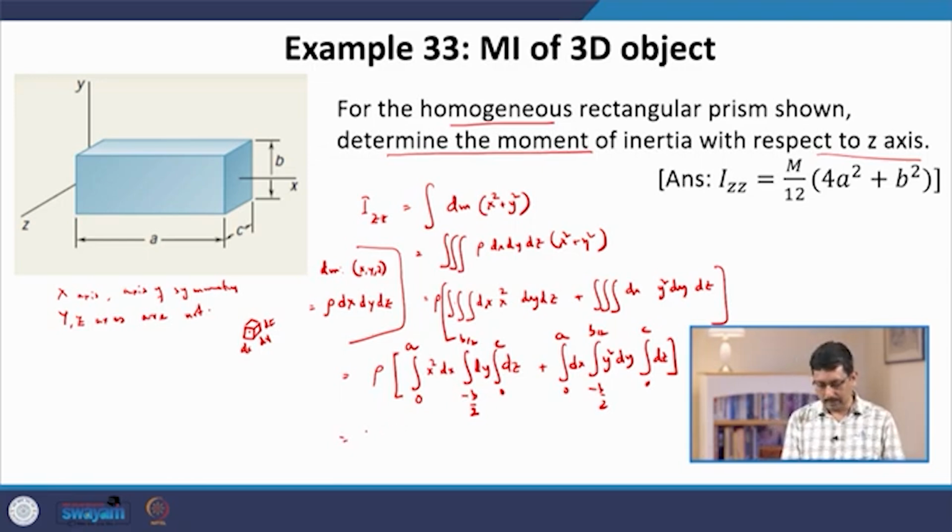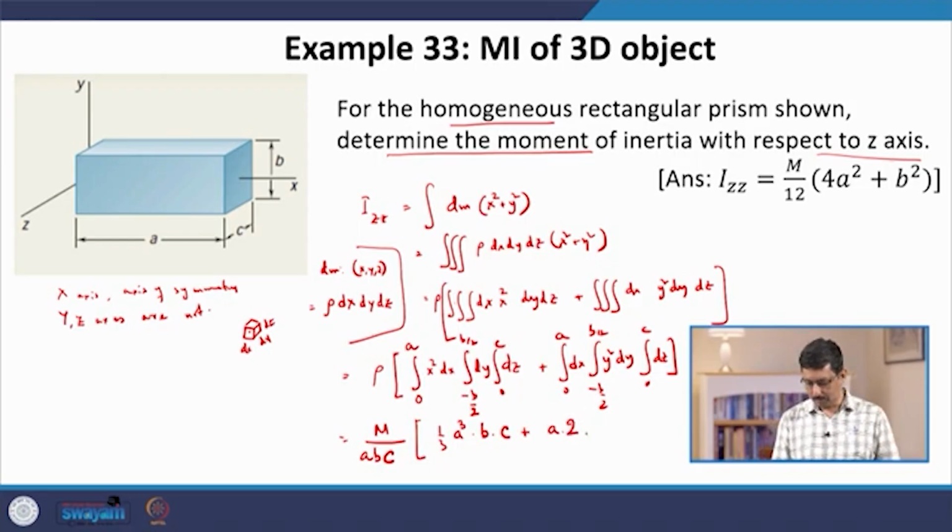Now, rho we can write as the total mass m divided by the volume of the prism, which is just a times b times c. Then the first term is 1/3 a cube times b times c, and the second term is a times 2 times b square by 4 times c.